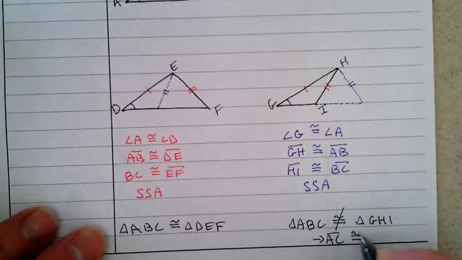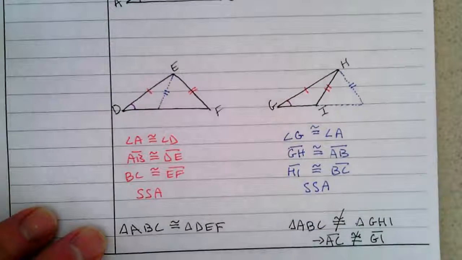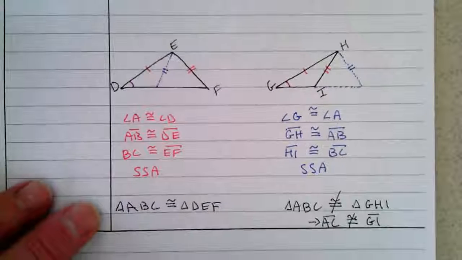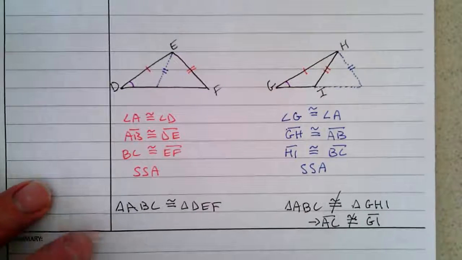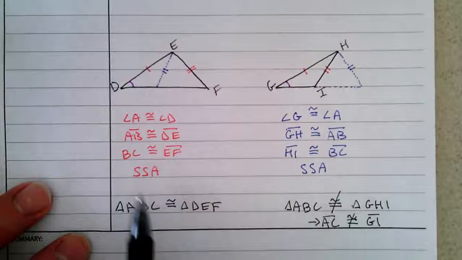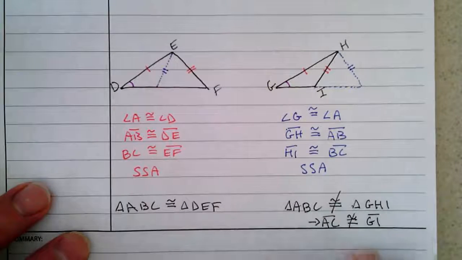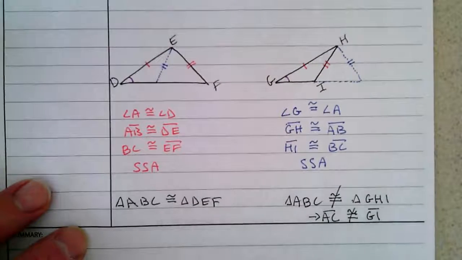So side-side angle, in some cases, two triangles could have side-side angle and be congruent. In other cases, they could have side-side angle and not be congruent.